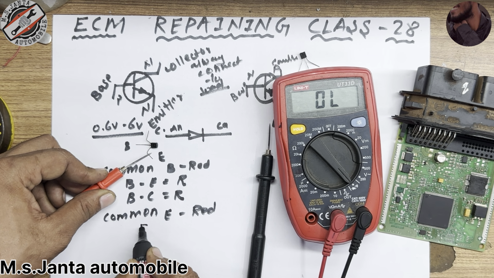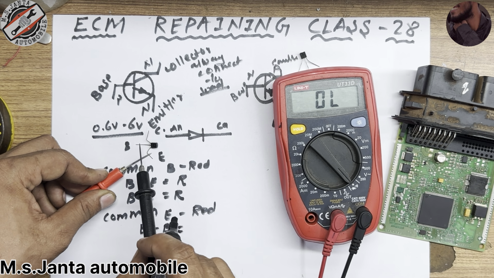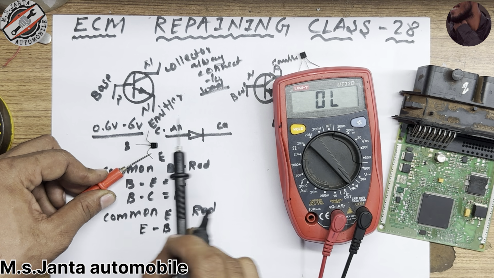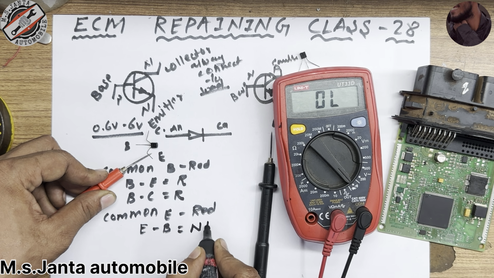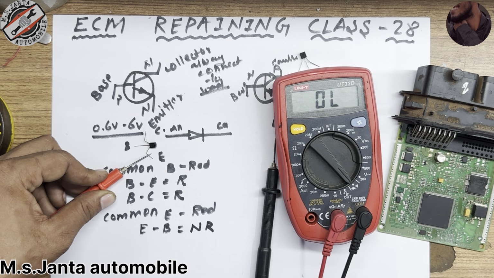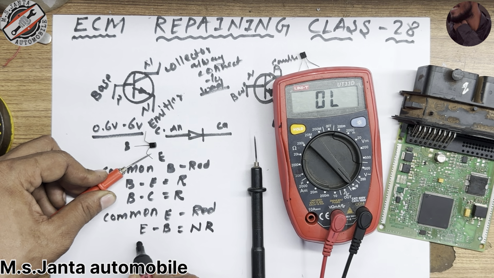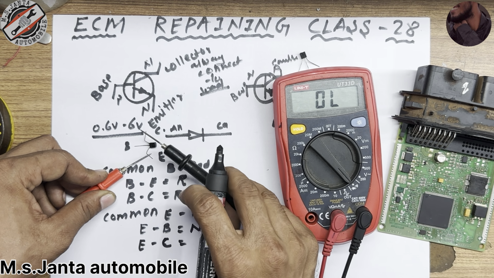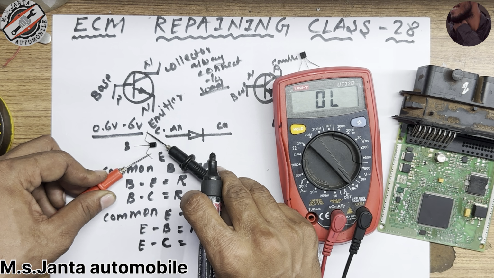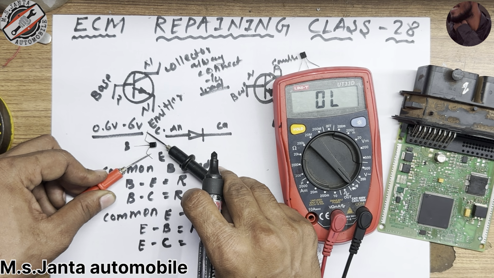So emitter to base, what happened? Emitter to base has no reading, so I will write ND, meaning no reading. Same as it is here, emitter to collector. What happened? We can check and we will see there is also no reading.